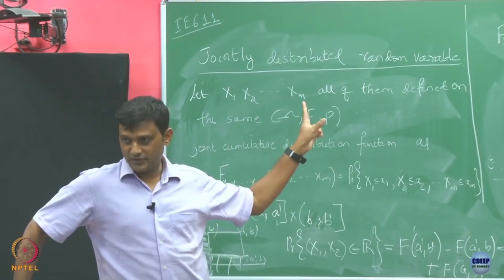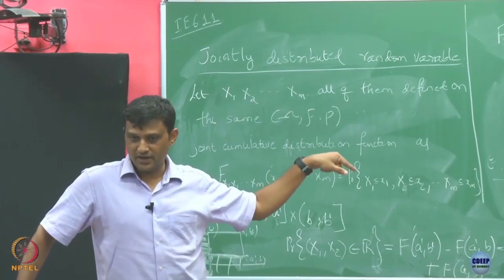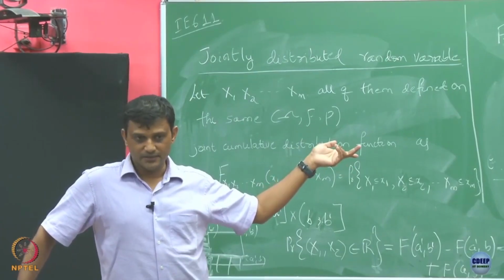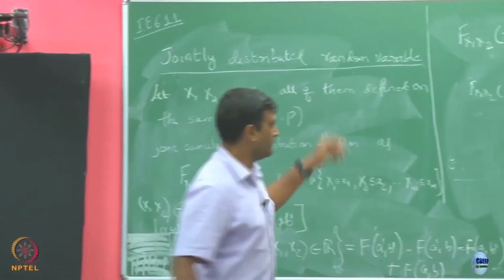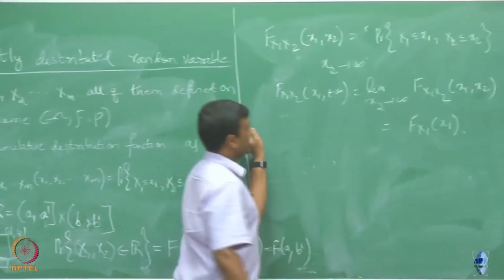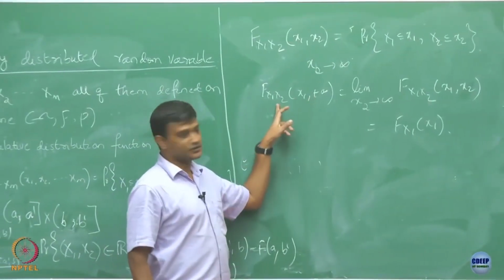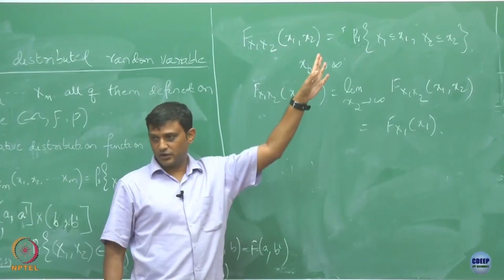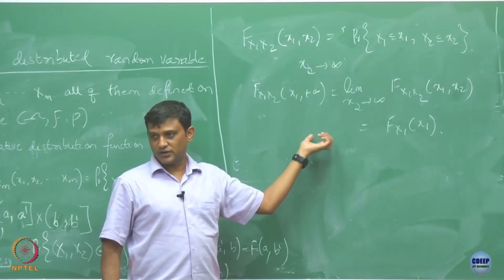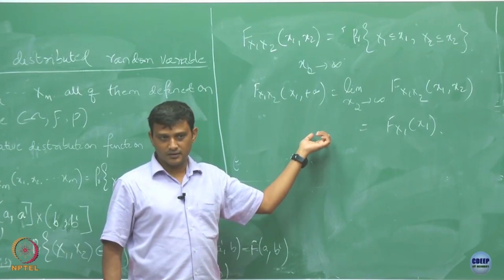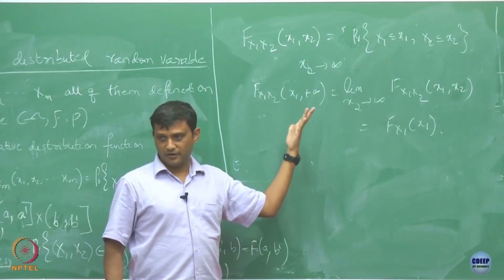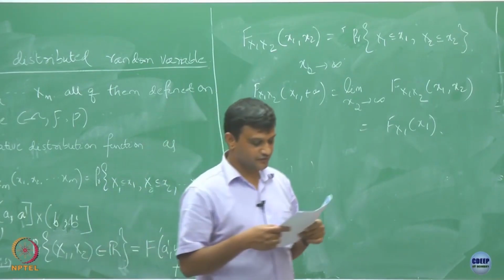This was a simple case with two random variables; from the joint we have recovered the marginal CDF of X1. Similarly, for any given x2, you can let x1 go to infinity, and in that case you are going to recover F of x2.